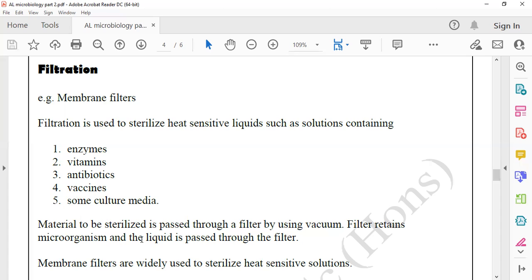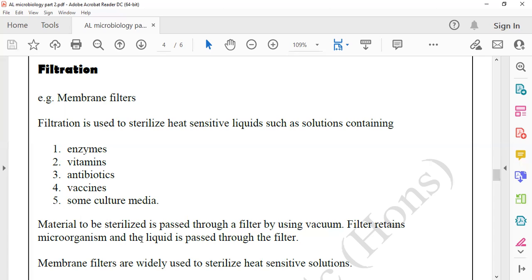If you try moist heat method or boiling method, due to that high temperature, they will be denatured. They will be losing their functional qualities. So due to those reasons, moist heat methods, like heating methods, are not applicable to these materials. In such a situation, we choose filtration.